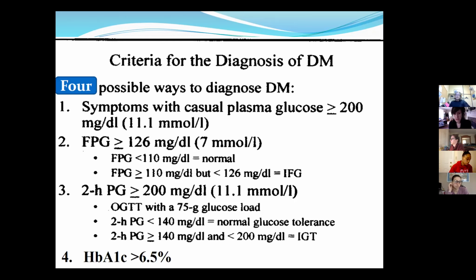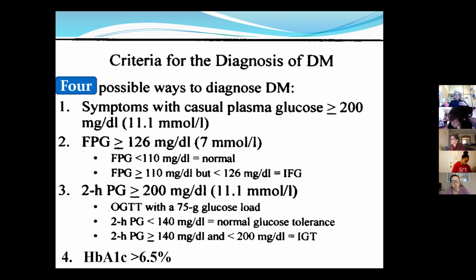But if a person presents with symptoms and what's called a casual plasma glucose level of greater than 200 milligrams per deciliter. The word casual in this diagnostic criterion refers to the fact that it is unrelated to when the person last ate. In other words, this is not a fasting plasma glucose level. It is a casual plasma glucose, unrelated to whether or not they ate.